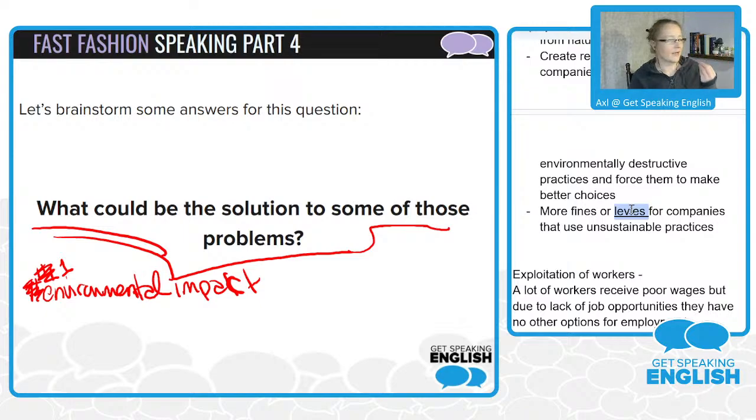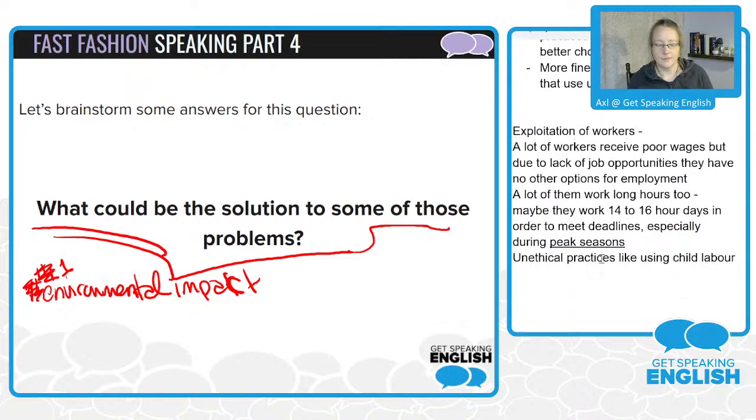It would be like a tax on goods or something like that, that they would pay to the government, basically, for, in this case, maybe using environmentally destructive practices. Definitely, yeah, so to be able to crack down on that.